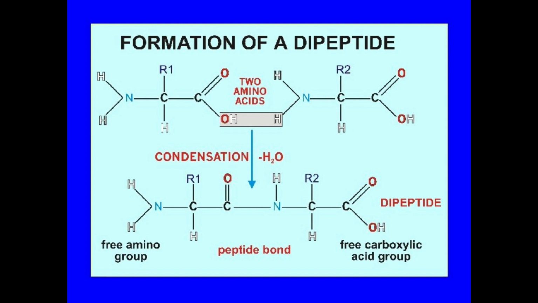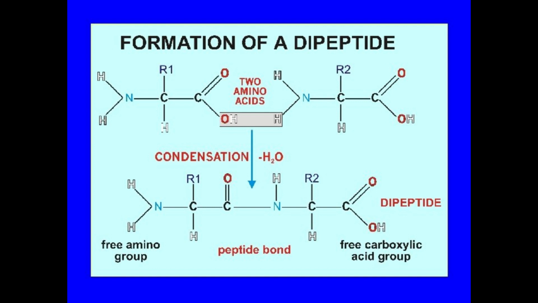And for a tripeptide, it's still the same process. Remove your hydroxy group from the carboxy end of the last amino acid and hydrogen from the amino end of the next amino acid. You join them together, form your peptide bond. So for a tetrapeptide, you do the same. The process remains the same, whether it is a dipeptide, a tripeptide, or a tetrapeptide.